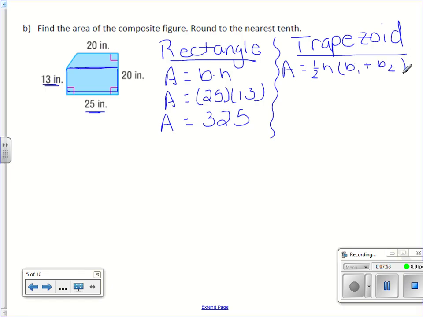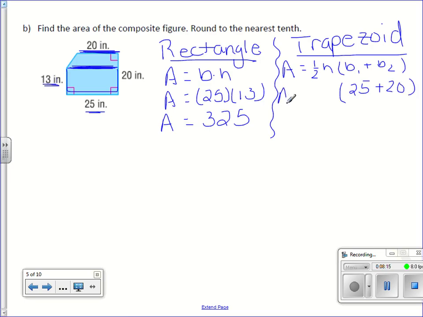So if you look at your trapezoid, this is your base 1, this is your base 2. They're the parallel lines. Okay? So base 1 is how big? Good, 25. Base 2 is 20.